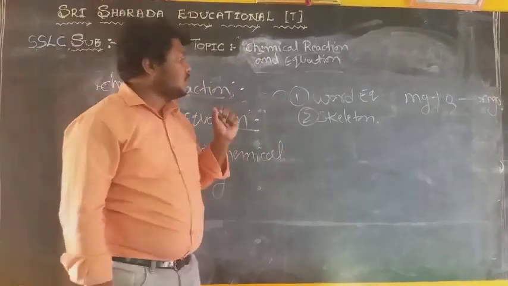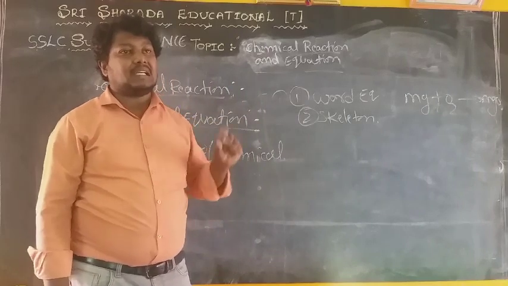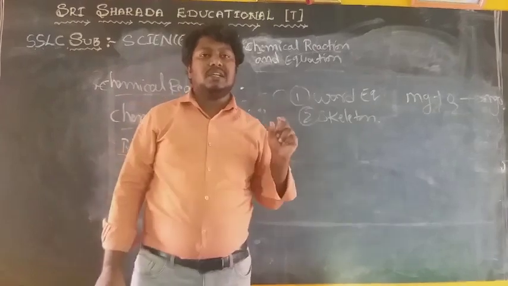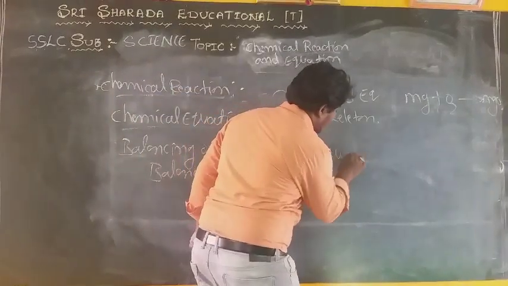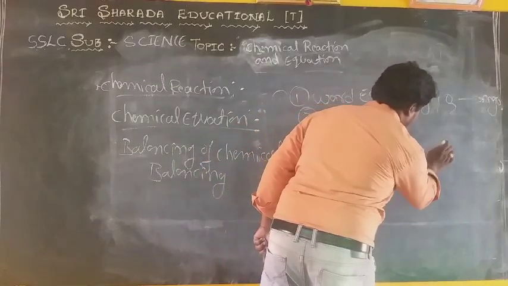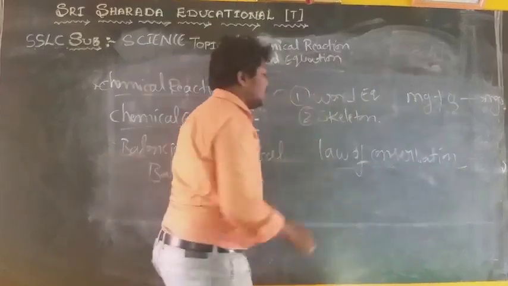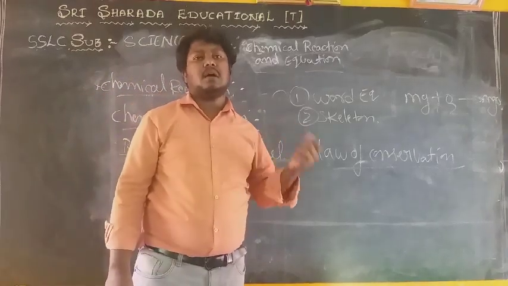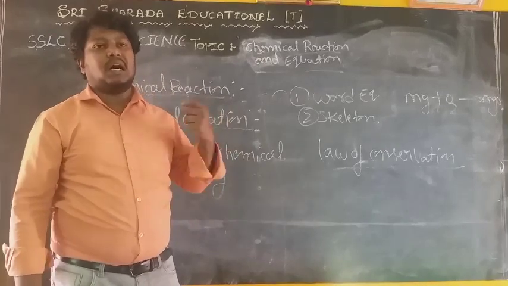Here, what is the use of balancing equations? Once we recall chapter 9, states of matter, in that we discussed the law of conservation. What is the law of conservation? According to the law of conservation, energy can neither be created nor destroyed, but it can be transferred from one form to another form.